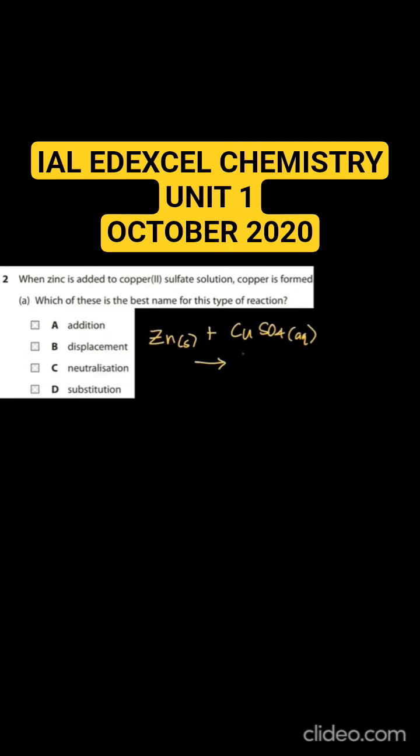So this will form zinc sulfate and copper. All right. So the type of reaction for this one is called the displacement reaction. So the answer here is letter B.